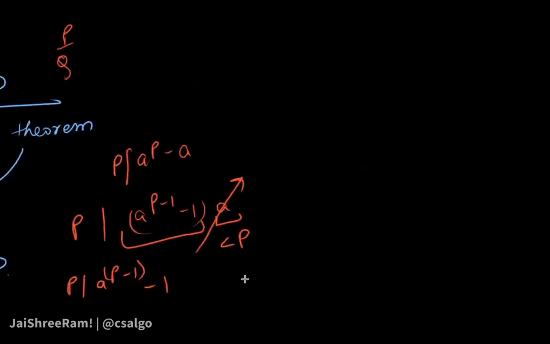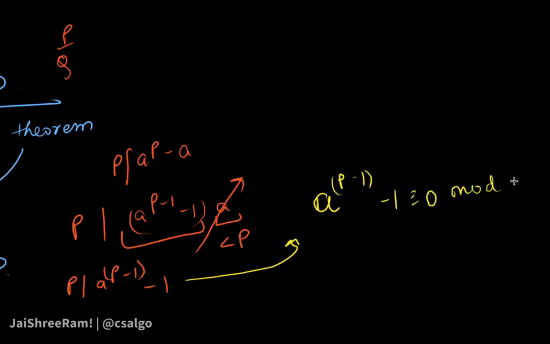Now if this is true, what does this mean? P divides a to the power P minus 1. So we can write it in this way: a to the power P minus 1 is congruent to 0 mod P, right? P divides this is the same as this.